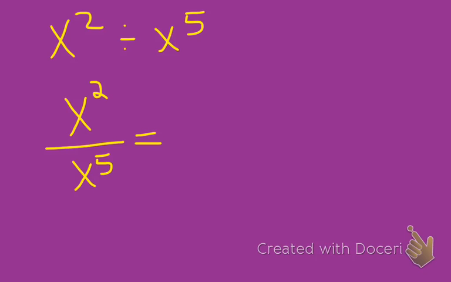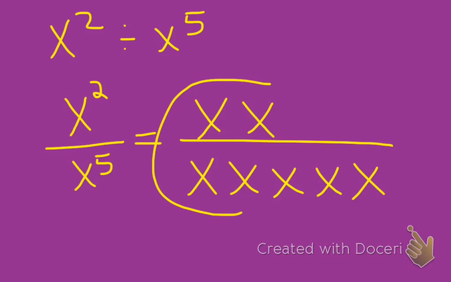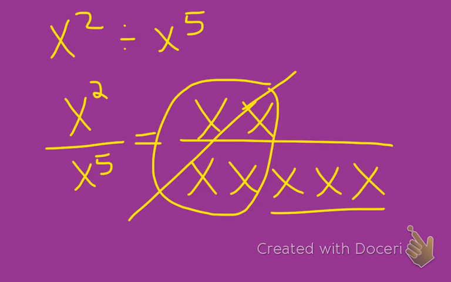We're going to bring this all out to its big version. X, 1, 2, and there's 5. 1, 2, 3, 4, 5, just as a review, okay? These x's are the same on the top and bottom, and so they can reduce, leaving 3 on the bottom. And there's an invisible 1 on the top. So 1 over x to the 3rd.